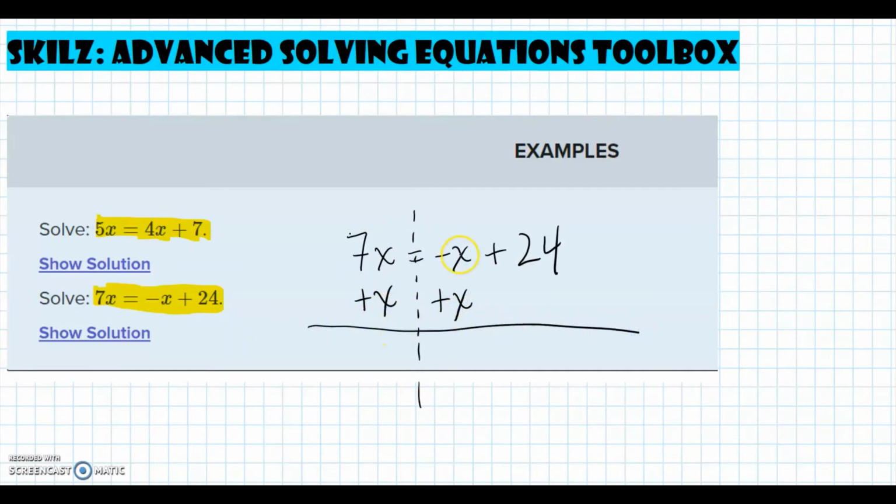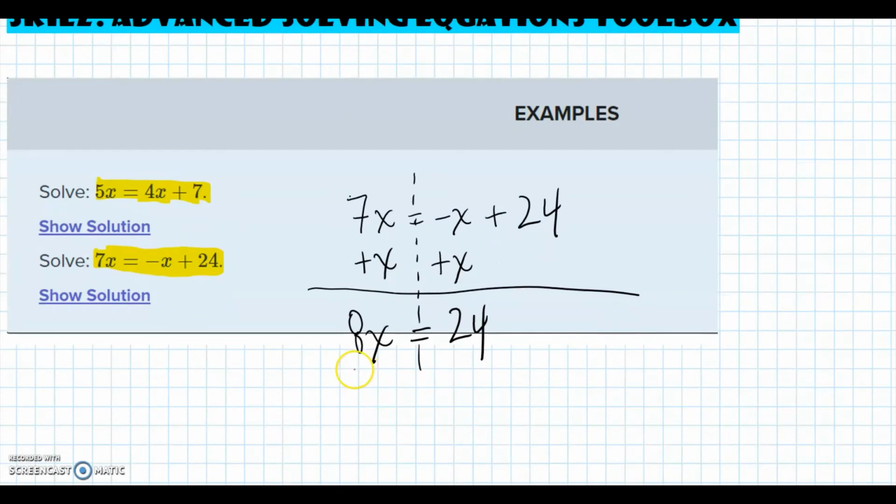On the right side, negative x and positive 1x makes 0, which leaves us just 0 plus 24, 24. And 7x plus 1x is 8x. Now we have one more step in this case because we have 8 times the number equals 24. And if you need to, use the inverse operation of multiplication, division. 8 divided by 8 is 1. 24 divided by 8 is 3. So again, the key is collect the variables on one side of the equation with adding or subtracting, then solve.